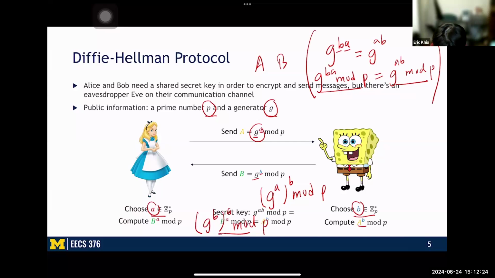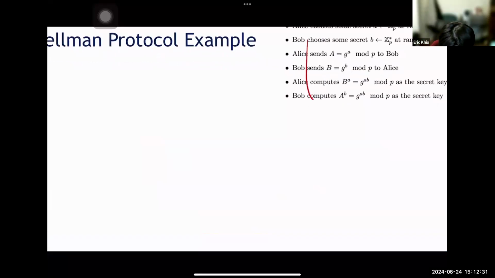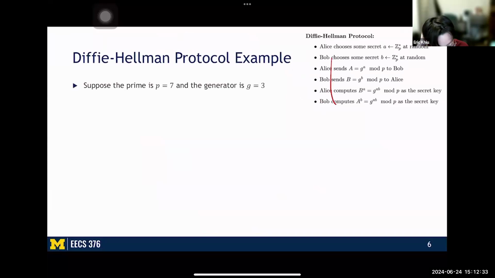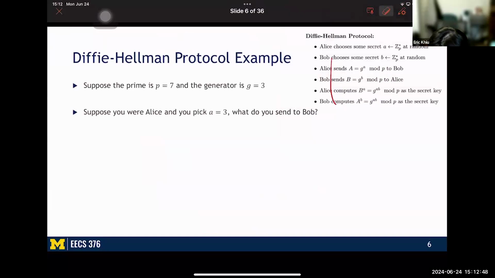Okay. Let's look at an example, and I have the protocol here for reference. Suppose that they agree on a prime number P equals 7 and a generator 3. And suppose that Alice picked A equals 3. So if you look at the protocol, we have chosen A, and we don't know what happened on Bob's end yet.